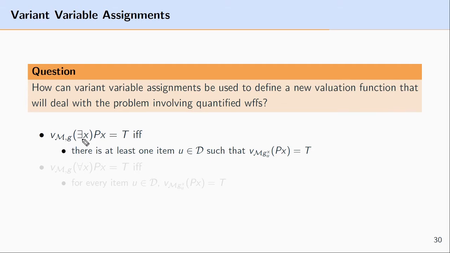So let's say we have the existentially quantified formula, E x P x, and we want to specify the condition under which it's true relative to the model and a variable assignment.